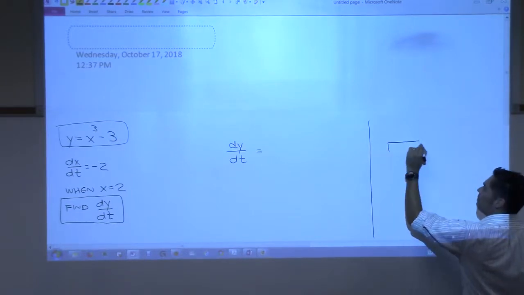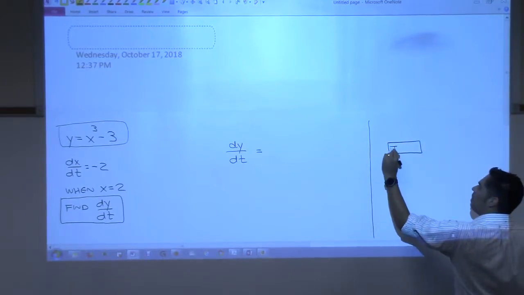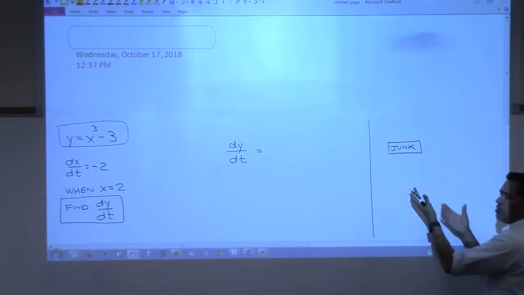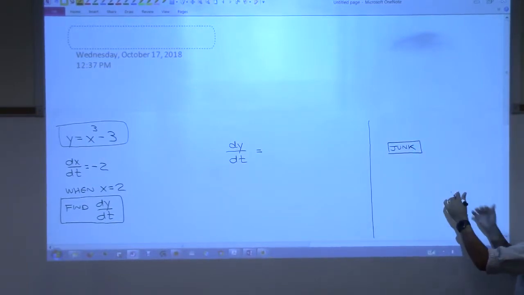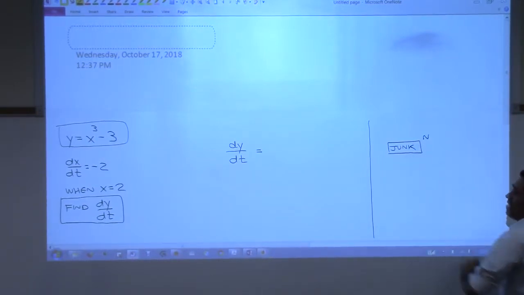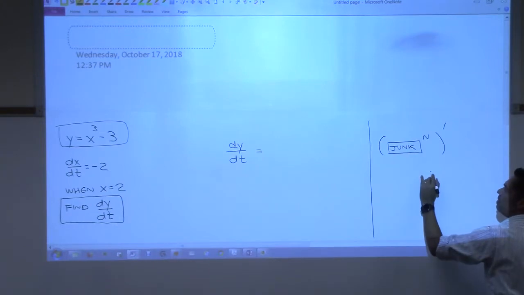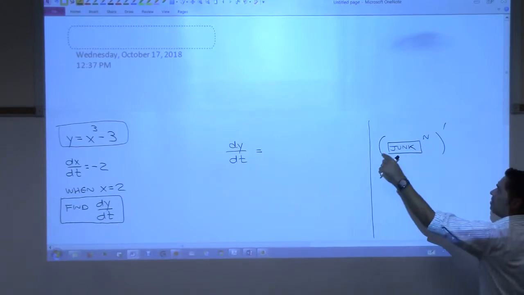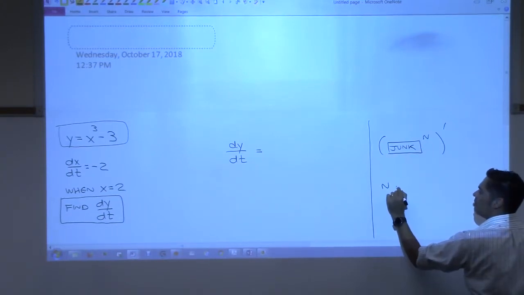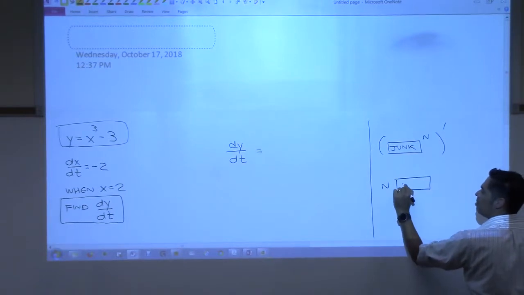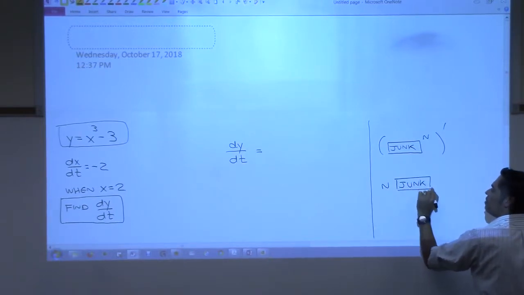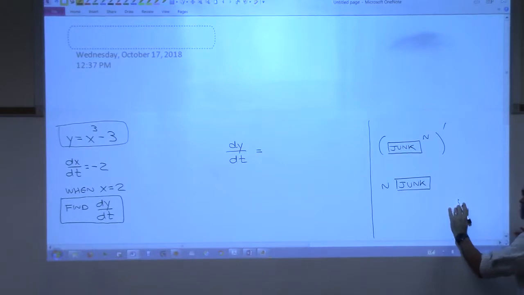Let's say that we have something here. I'm going to call it junk, right? Say we have some junk sitting in a trunk. And it's raised to the nth power. If we take the derivative of something like this, we use the power rule, which says that the n comes out. Then we have the junk to what power? n minus 1.